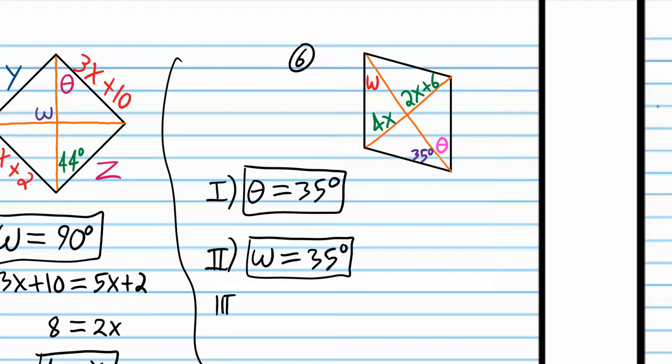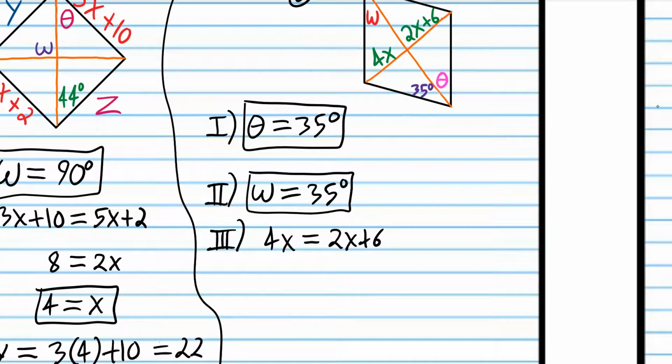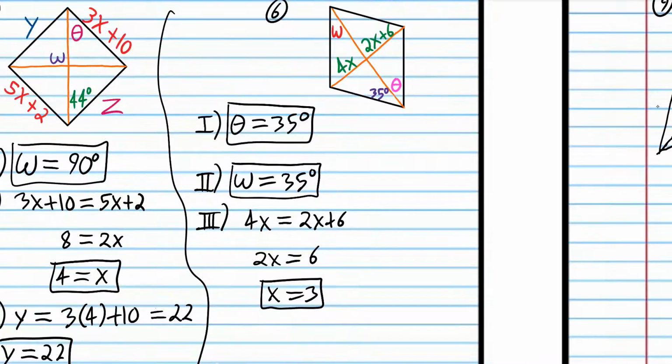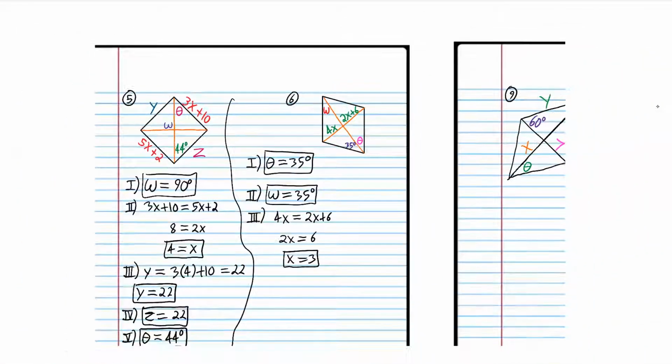And then step 3, this is a parallelogram, so we know that diagonals bisect each other. So 4x is equal to 2x plus 6, and do the algebra on that. Subtract 2x from both sides, divide by 2, x is equal to 3, and there you go. So if you got those answers, good job.